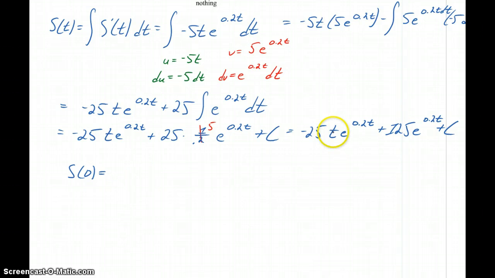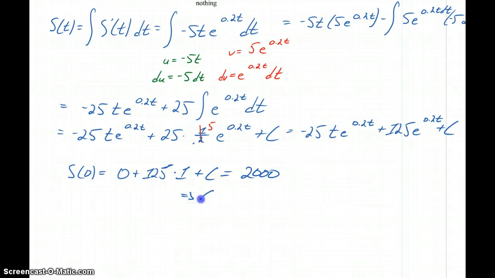So evaluating this at 0, that's going to be 0 plus 125 times e to the 0 power is going to be 1 plus c. All of that should equal 2,000. This tells us that our value for that constant c should be 1,875.